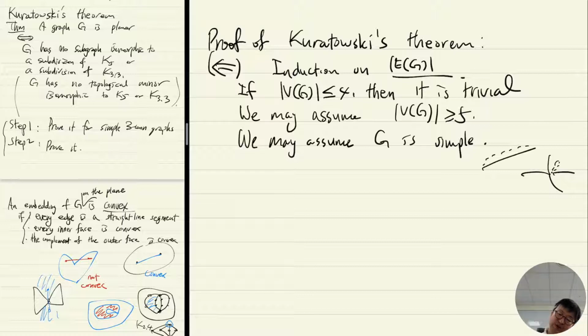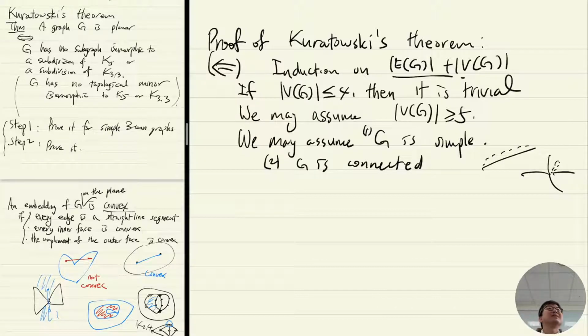And I can assume that G is connected. Why? Well, if the graph is not connected, then we apply induction to each component. Here I need to use the number of vertices as well, because I might have a component with a single vertex only, with no edges. If I have an isolated vertex, then I cannot apply the induction hypothesis if I said induction on the number of edges, because the number of edges didn't decrease.